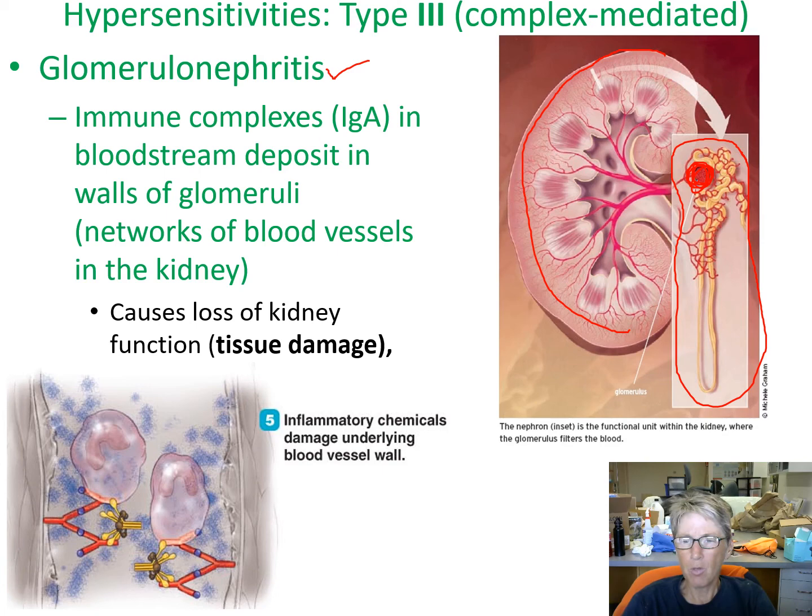And then when a type 3 reaction happens in these glomerular capillaries that destroys the capillaries, now you can't filter your blood and you lose kidney function and then have to go on dialysis or you don't survive.